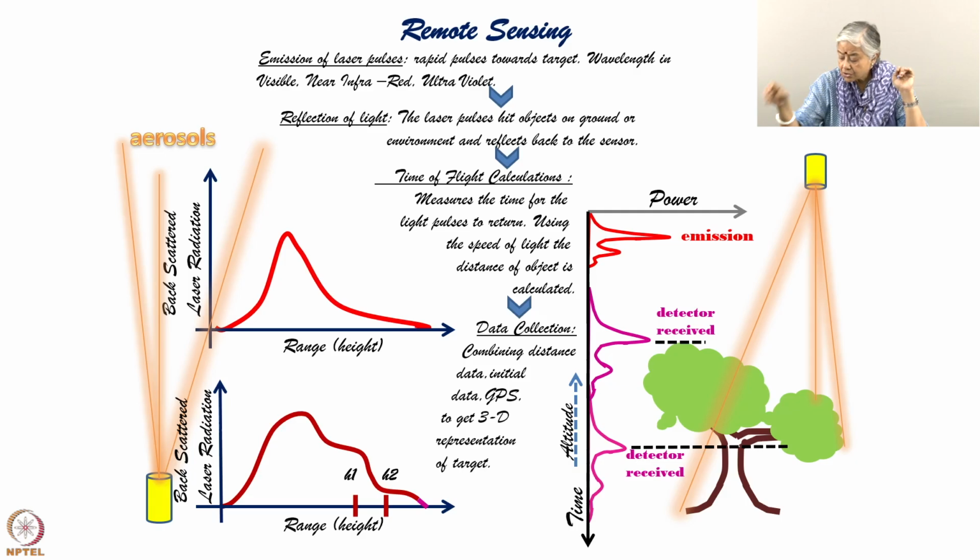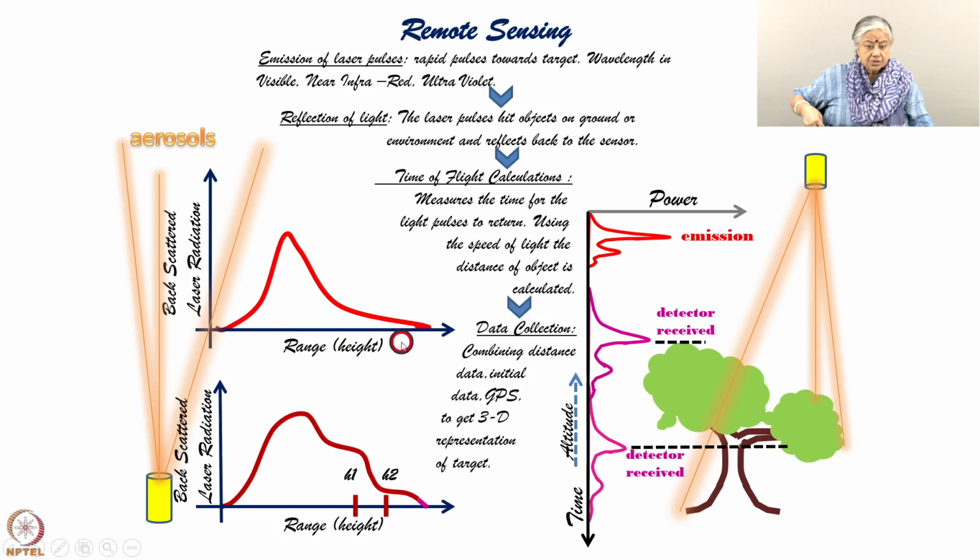Okay. So here is the laser which is going up. Now suppose your atmosphere is absolutely clear. This laser has gone up and it has come back, reflected off some molecules, air molecules, nitrogen molecules, oxygen molecules. It has reflected off that and it has come back. Once it has come back, you plot a graph.